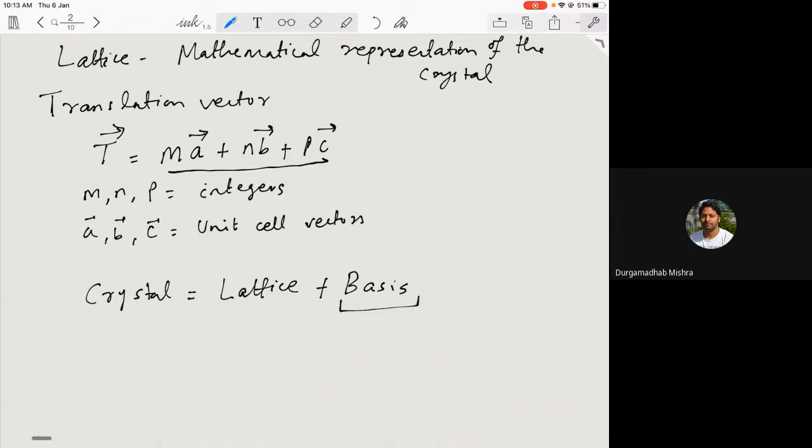So a basis can be one atom, or it can be more than one atom. It can be 2 or 3 atoms which are associated with one lattice point, or it can be a molecule. Anything that you associate with a lattice point, we will call it a basis. And then when you put these two together, you will get a crystal.